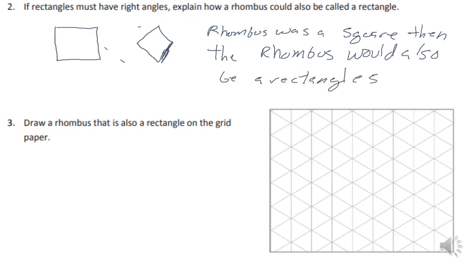Number 3, draw a rhombus that is also a rectangle. So just like I said, we're going to have to draw a rhombus that is a square.